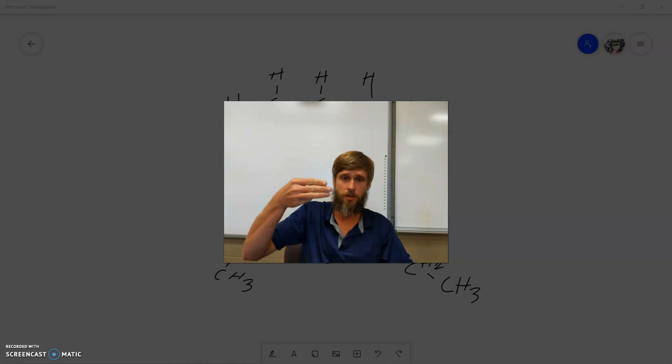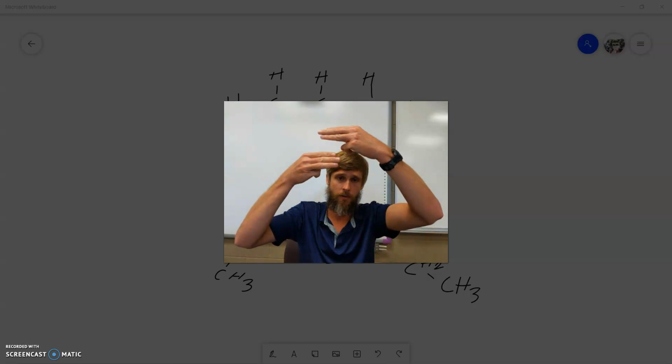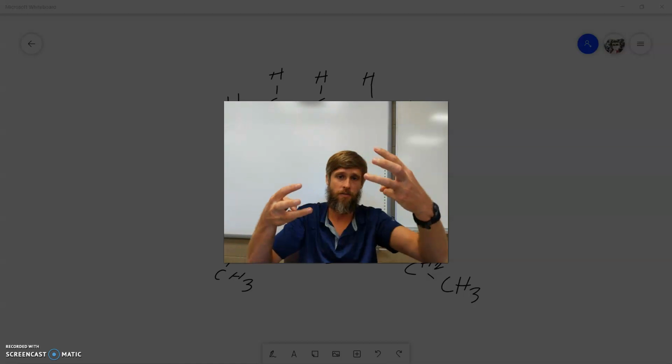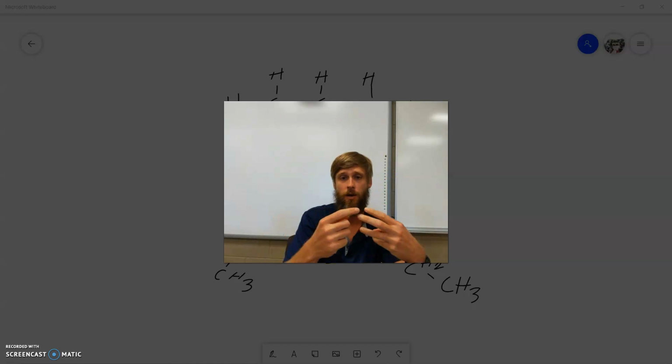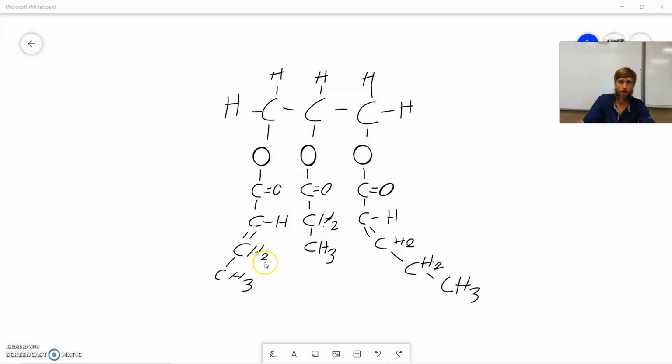Which one is easier to stack? The saturated fats. You cannot stack the unsaturated fat with these bent tails. Remember, the tails are bent because we introduced double bonds in between the carbons. So here's your illustration for an unsaturated fat.